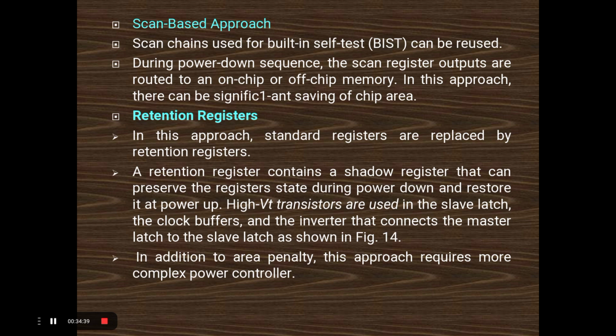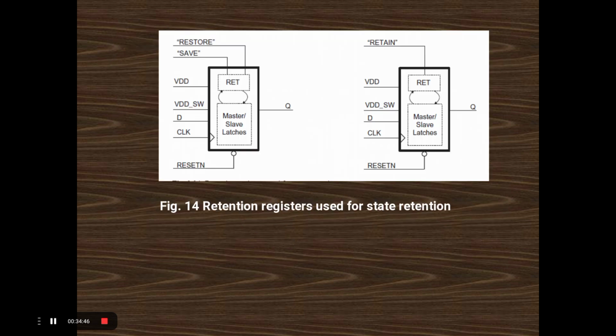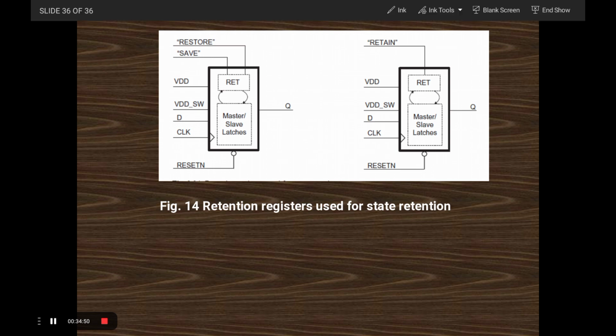Coming to the retention based approach, here we are using some kind of registers. The retention register can be a shadow. It is like a master slave operation. This is the master, and this is the slave. When the device is going to be powered off, the master gives the information to the slave to store the corresponding value. When the device is going to be powered on, the same information is given back to the master.